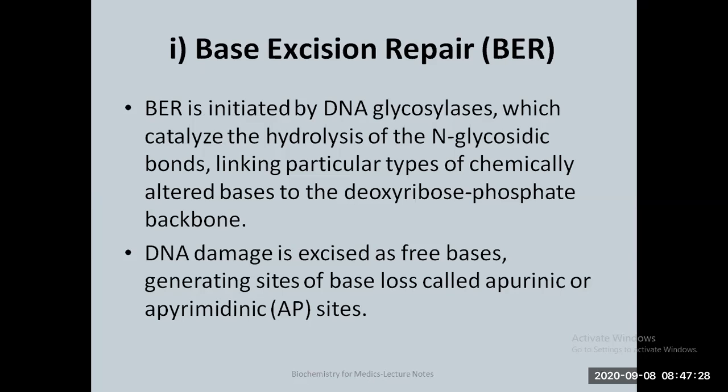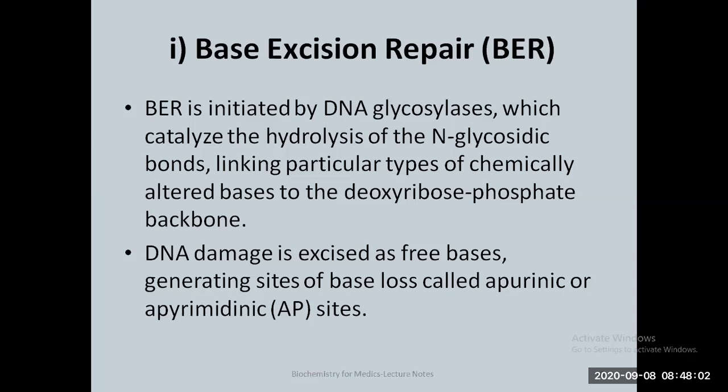BER is initiated by DNA glycosylase enzymes, which catalyze the hydrolysis of the N-glycosidic bonds, linking particular types of chemically altered bases to the deoxyribose phosphate backbone. So what these enzymes will do is initially hydrolyze the N-glycosidic bonds. So what are the chemically altered bases?